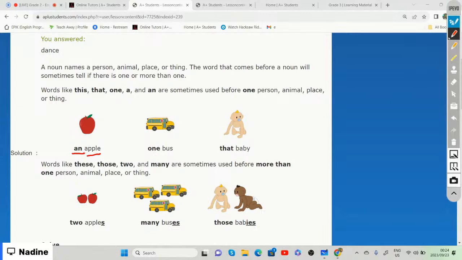So an apple gives an indication that there's only one apple. One bus. So of course, this is the number one, right? The number name, but it is basically telling us one. How many buses? Only one bus. That baby. Which baby? That baby, right? Meaning it's only telling us about the one baby that's over there.